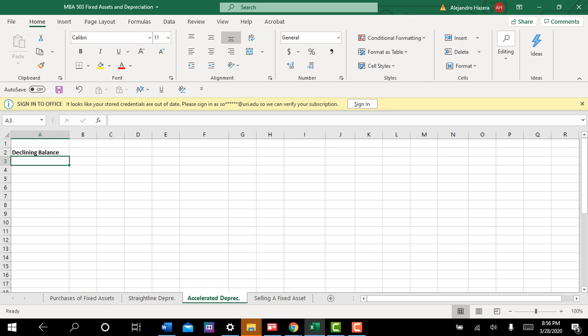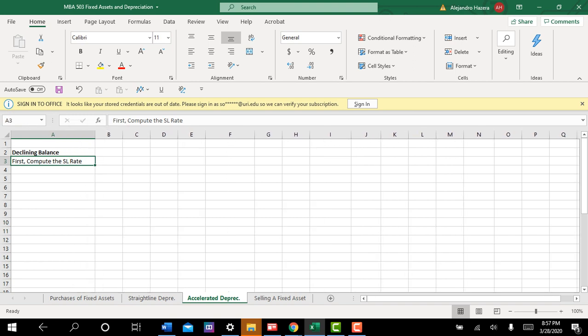Okay, and there are a couple of preliminary steps in declining balance depreciation. First, we're going to go ahead and compute the straight line rate of depreciation.